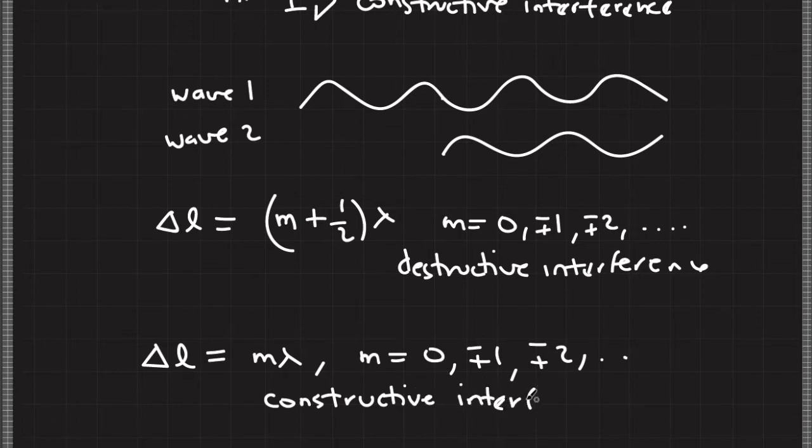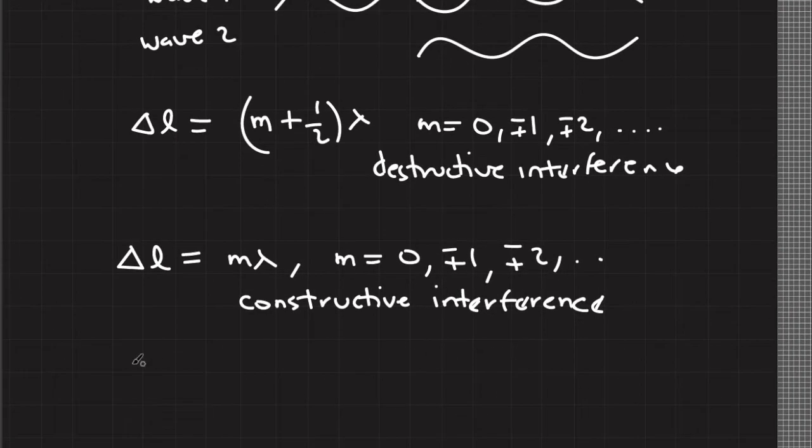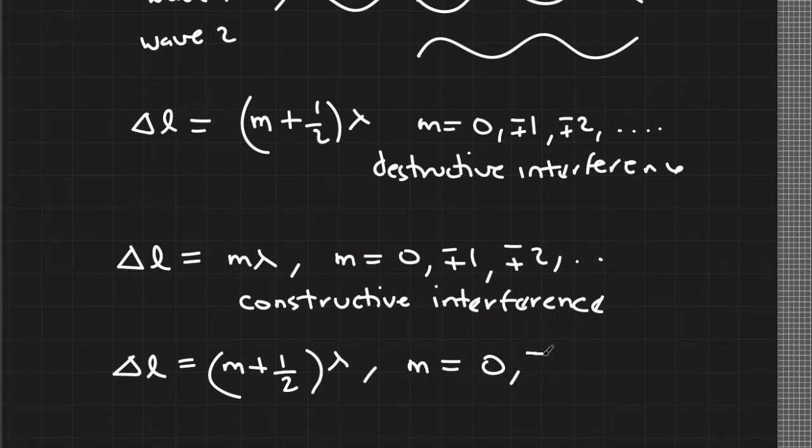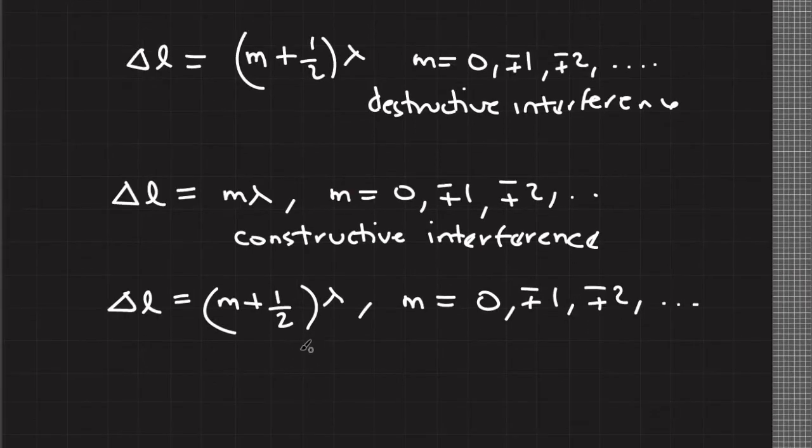In an interference pattern, this is represented by a bright region. On the other hand, if the path difference between wave 2 and wave 1 is the quantity m plus 1/2, where m is an integer multiple, then the resulting interference is a destructive interference.